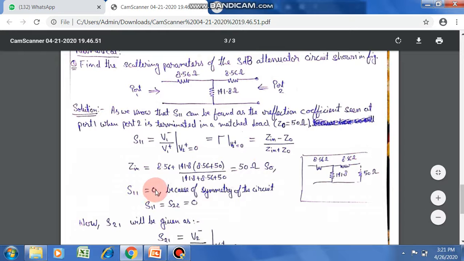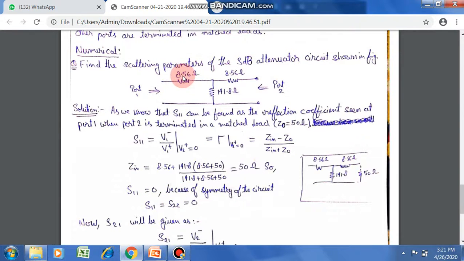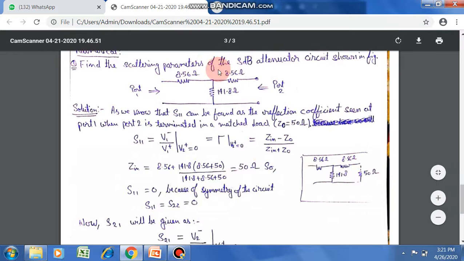So S11 is equal to 0. So 8.56 and 50 ohm are in series, and then these two are in parallel with this, and this whole equivalent resistance is in series with this 8.56. I have found this to be equal to 50 ohm.